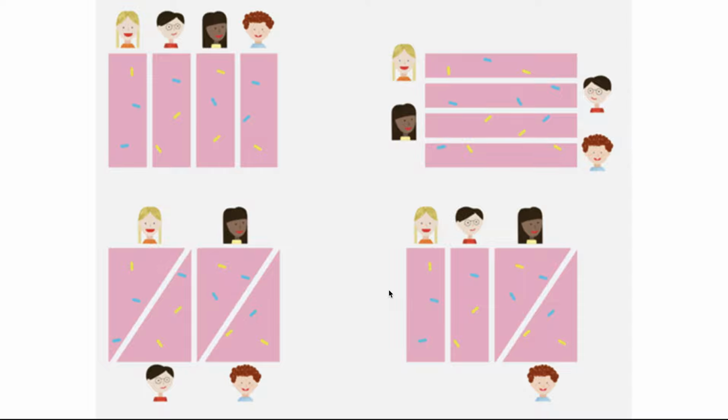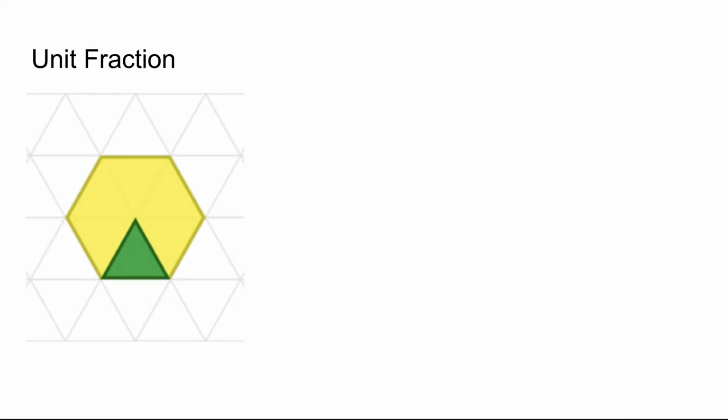Okay. So if we concentrate on the size of the pieces and understand that each size has a name as 1/4, or in this case, a quarter, the notation becomes so much easier to understand, right?